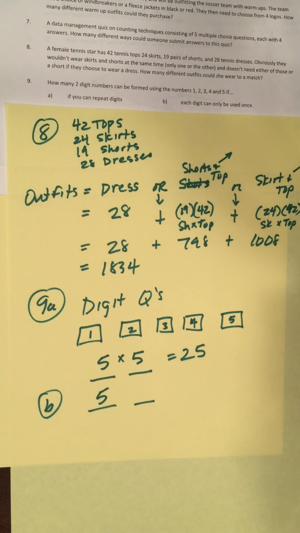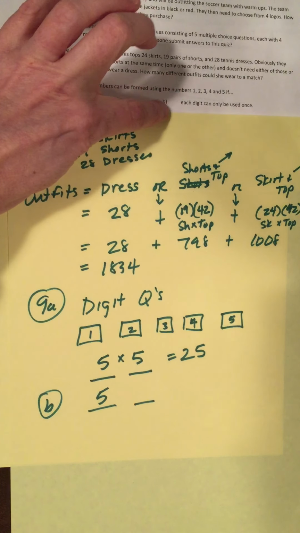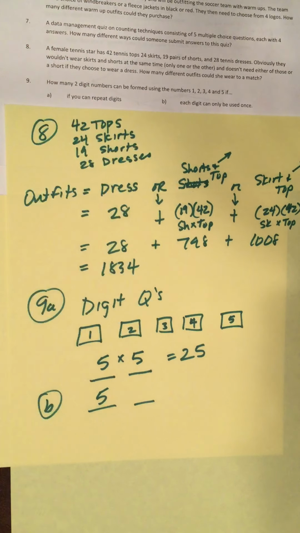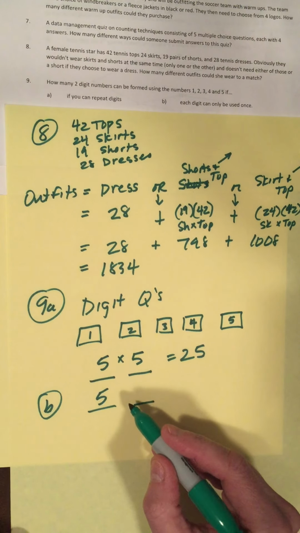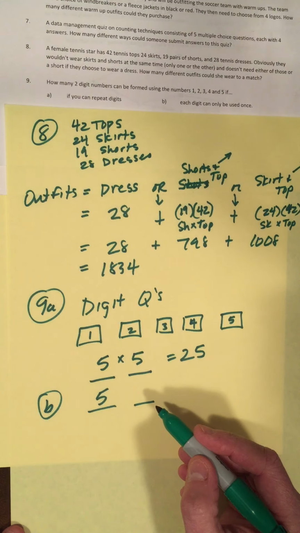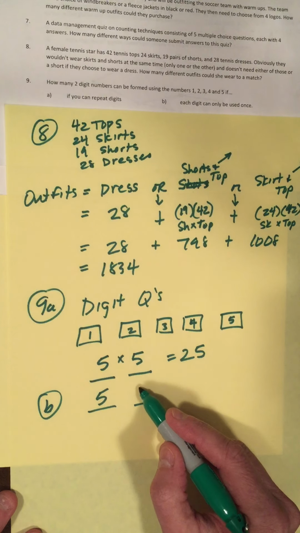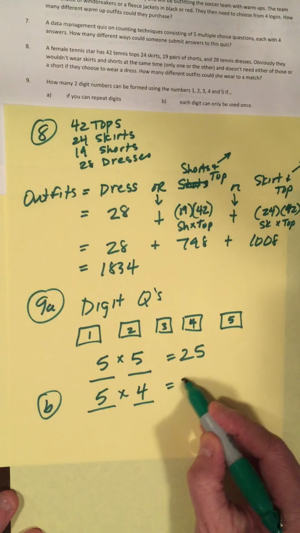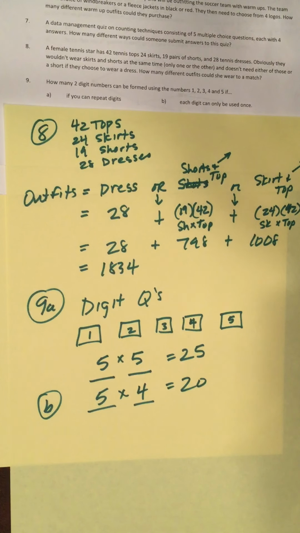You pull a block out, you take a look at it. Maybe you put it on your desk, maybe you put it on the floor, but you definitely don't put it back in because each digit can only be used once. So when your hand goes in for the second pull, how many blocks do you feel as your hand is swishing around? 4. 20 possible 2-digit numbers.